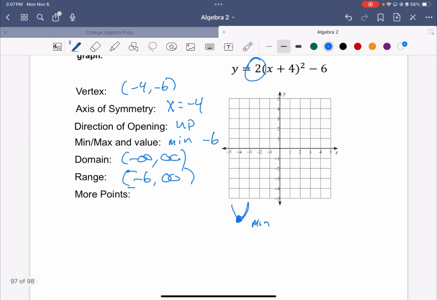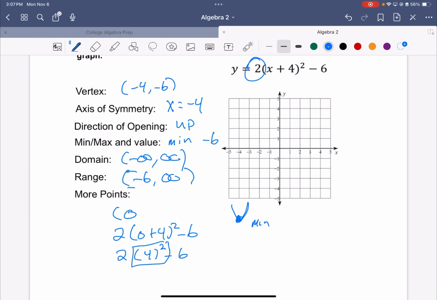More points, so we're going to use 0. So that's 2 times 0 plus 4 squared minus 6. So that's 2 times 4 squared minus 6. Order of operations, follow it. I have to square first.